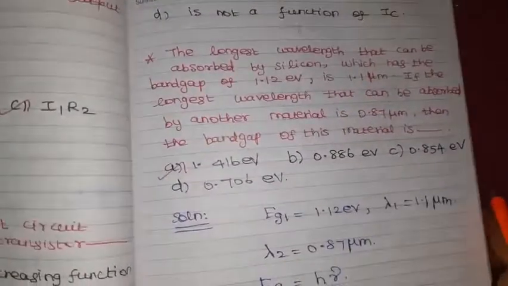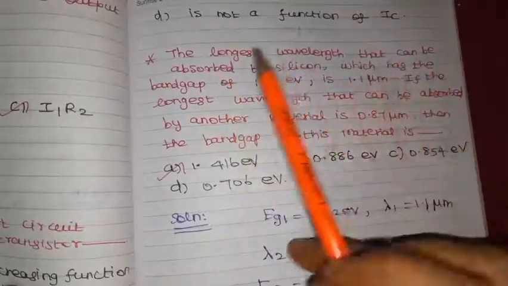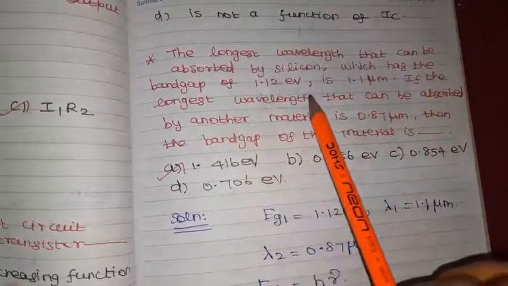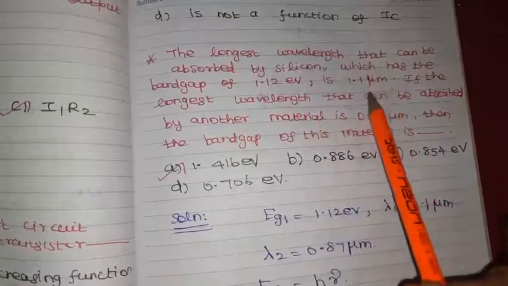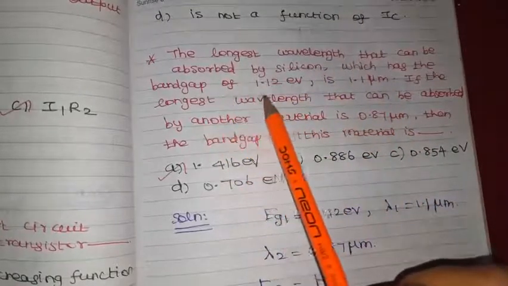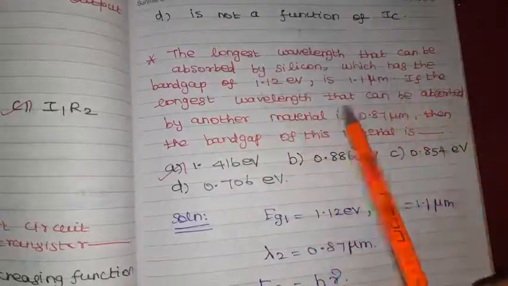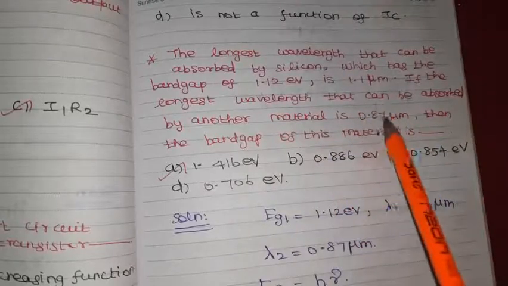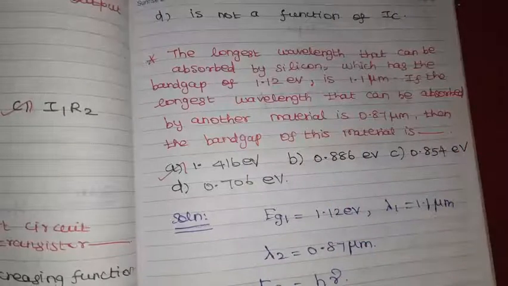Then we'll see. The longest wavelength that can be absorbed by silicon, which has the band gap of 1.12 electron volt, is 1.1 micrometer. Lambda value is 1.1 micrometer. Eg value, band gap, is 1.12 electron volt. If the longest wavelength that can be absorbed by another material is 0.87 micrometer, then what will be the band gap energy of the material?